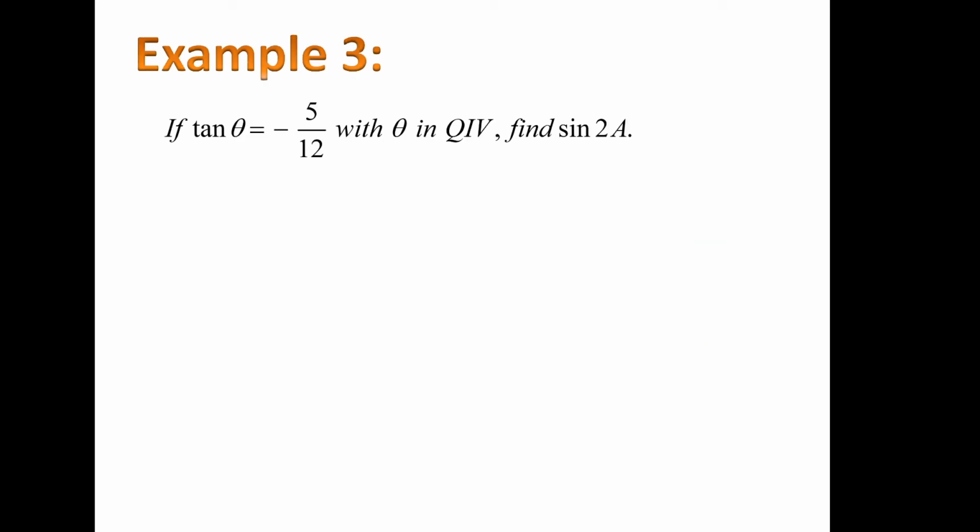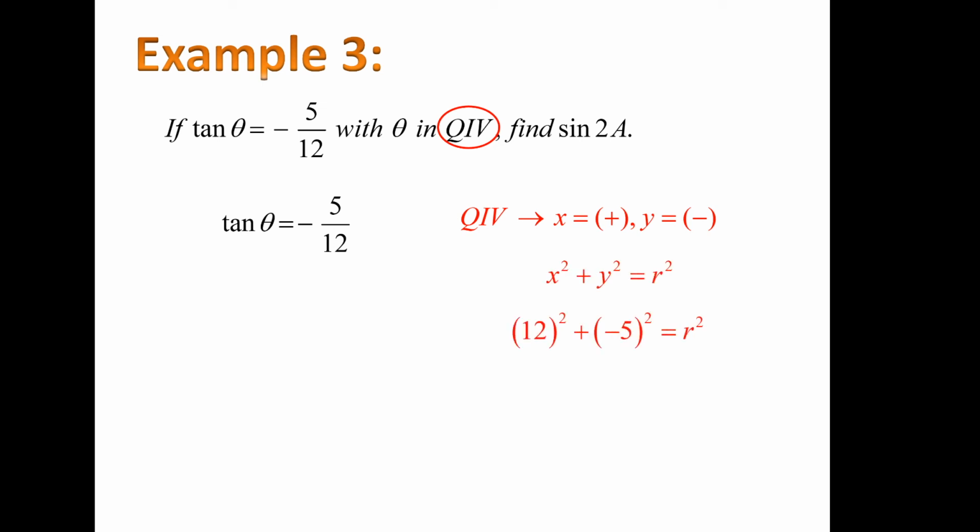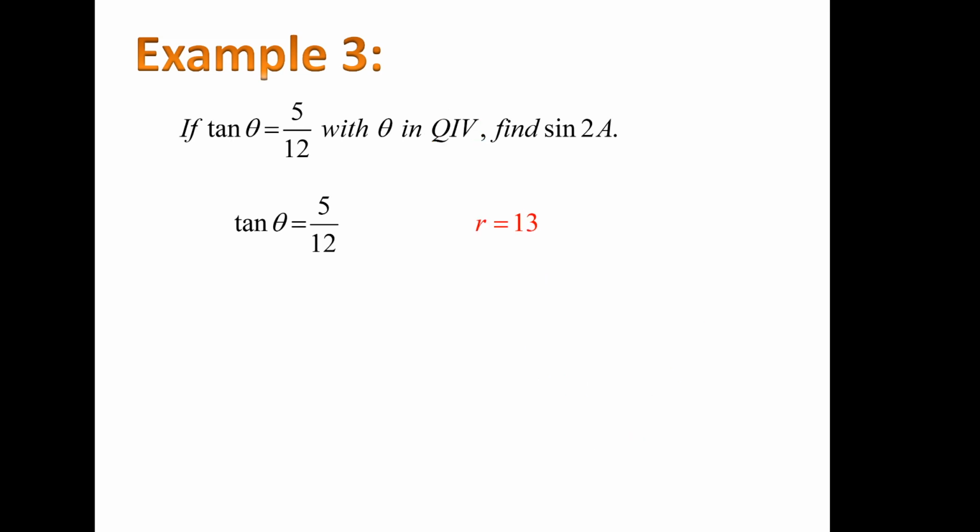Here's another one. Tangent of theta is negative 5 over 12 with theta in quadrant 4. Find sine of 2 theta. Tangent of theta is negative 5 over 12. In quadrant 4, cosine is positive and sine is negative. Using the Pythagorean theorem, or x squared plus y squared equals r squared, we find the hypotenuse is 13.